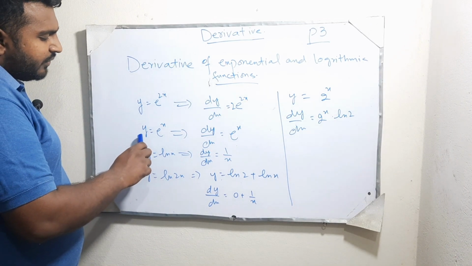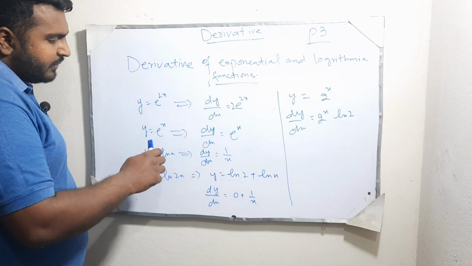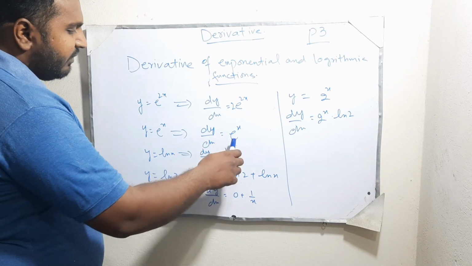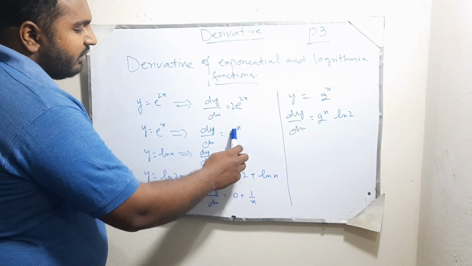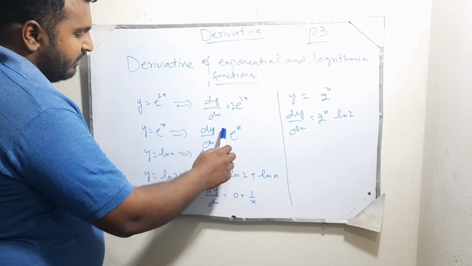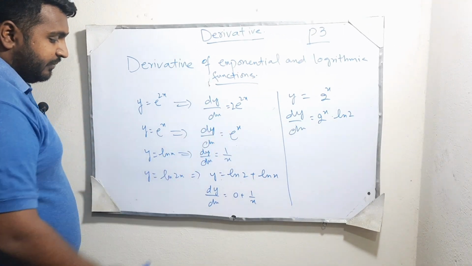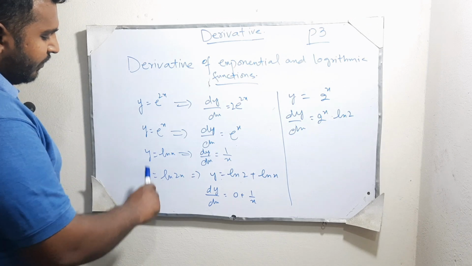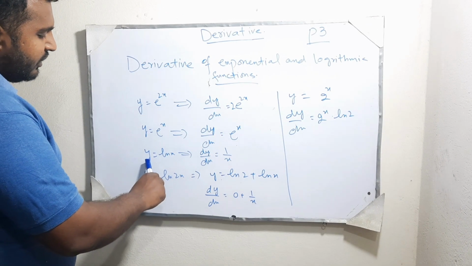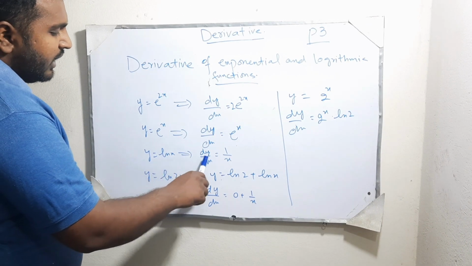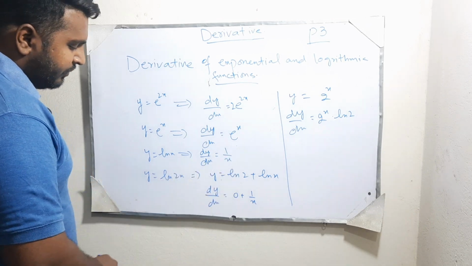When taking the derivative of y is equal to e power x, we will get the derivative e power x, because here the value of k was 1, here 1 will multiply, and there is no need to write 1 here. Again, if we take a function y is equal to natural log of x, its derivative is 1 over x.